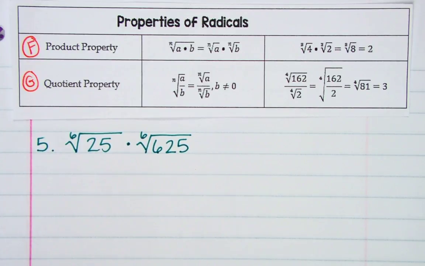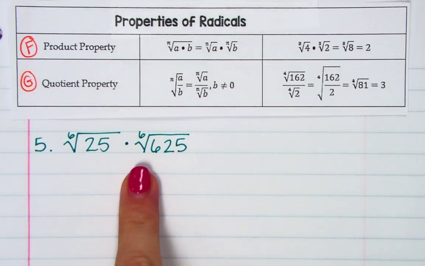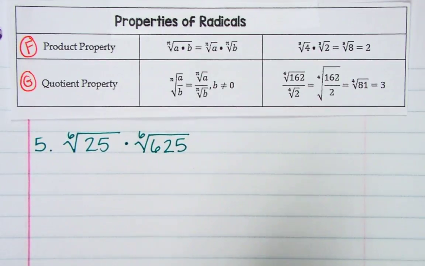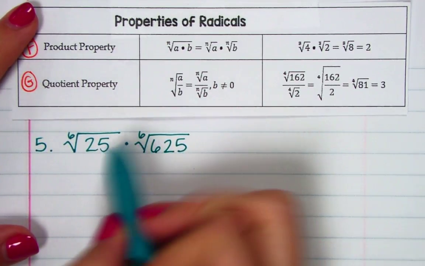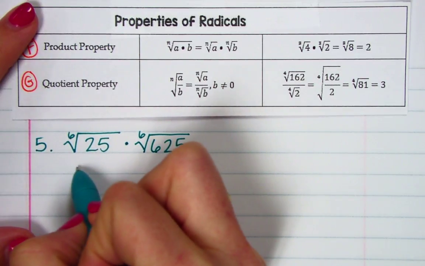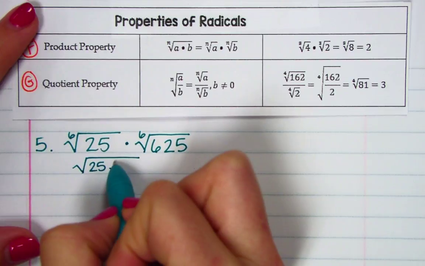Which property do you think we're going to use? F, products, times. Even without knowing what they are, you know that it's times. So that means that under one root, we're going to multiply 25 times 625.